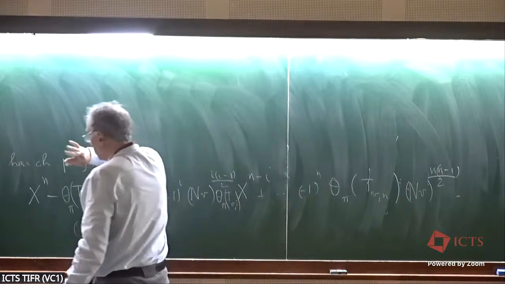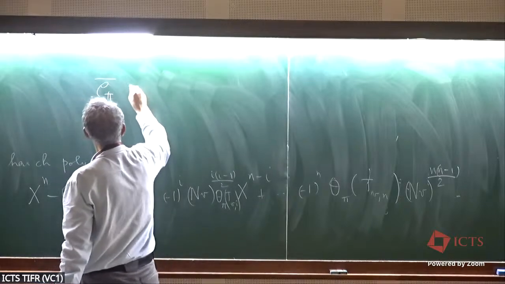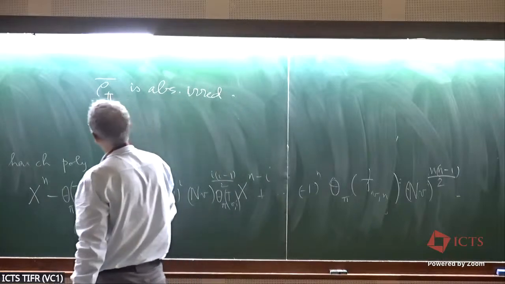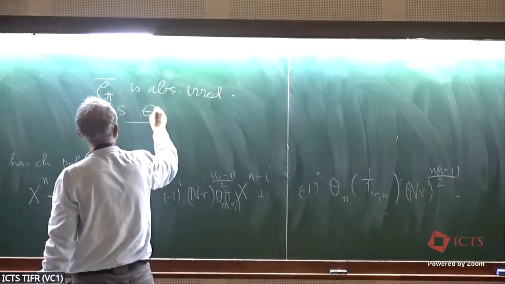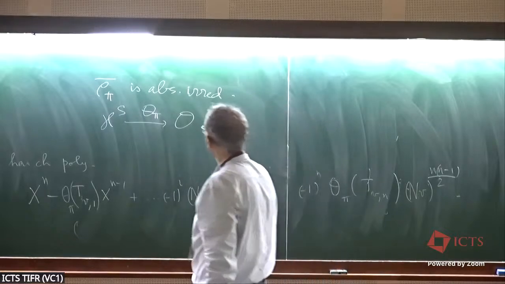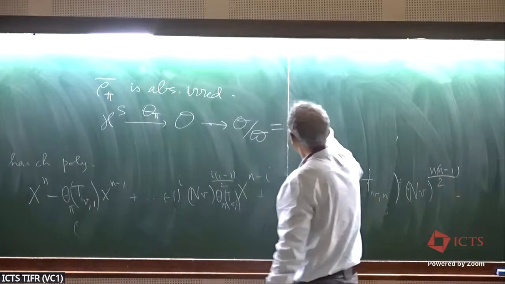And in all this work, we assume that the residual representation is absolutely irreducible. In other words, there is a name for that. It means that if you consider this character theta pi with values in O, you reduce it modulo pi. So let's call F the residue field.